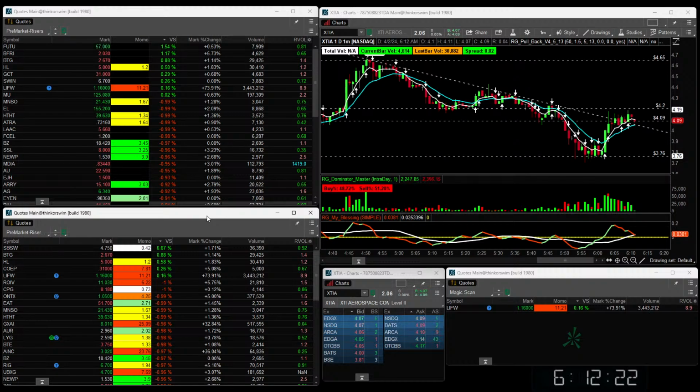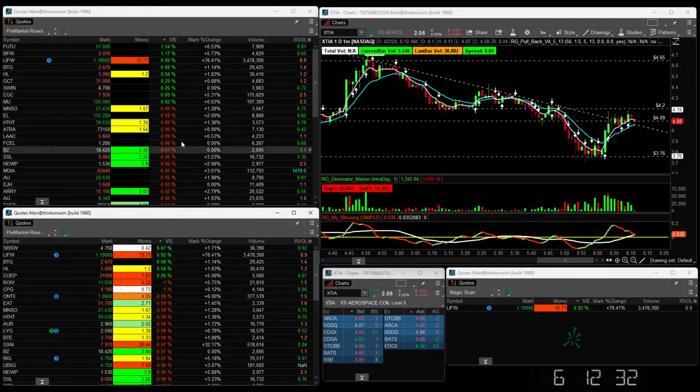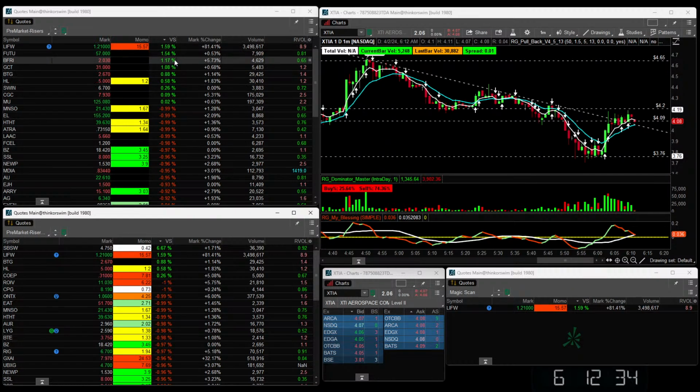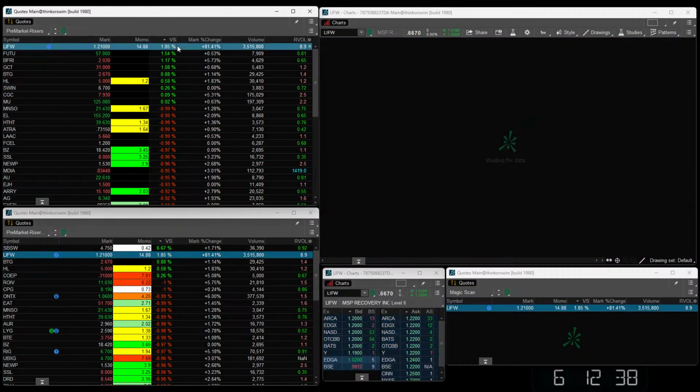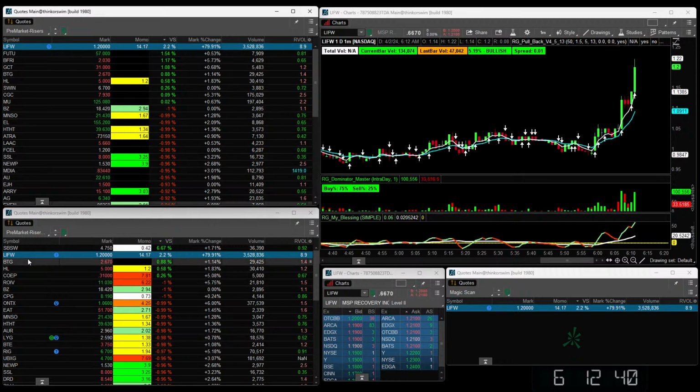Somewhat calm morning this morning. Not much movement. If anything's going to move, we'll see it in these numbers. I see some barely clicking up. LIFW on the move again. It's only paying pennies.